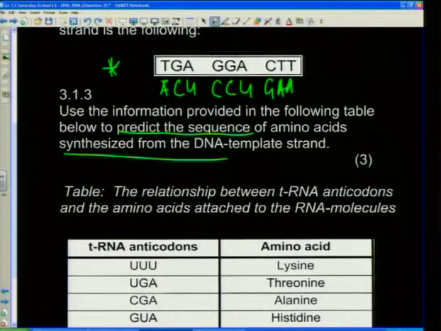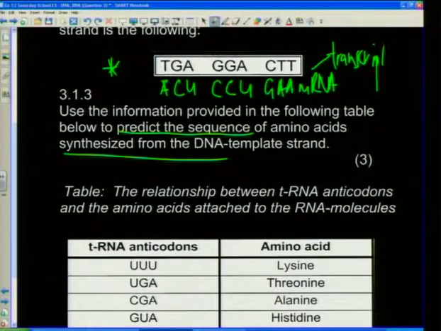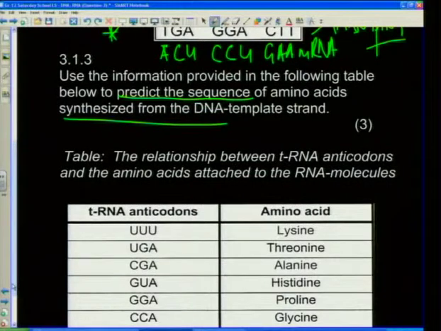This was the messenger RNA, and this was synthesized during transcription. Okay? But now look what they're talking about. And Samuel, you need to pay attention, especially here. Because now they're saying the table shows you the amino acids. Look at this table.